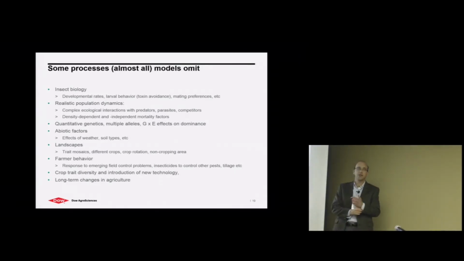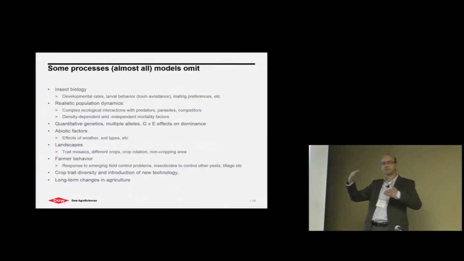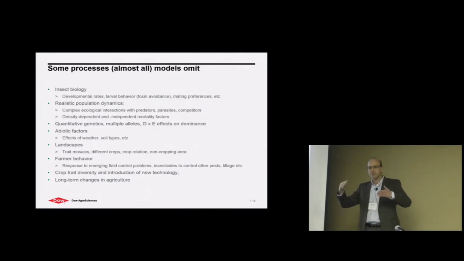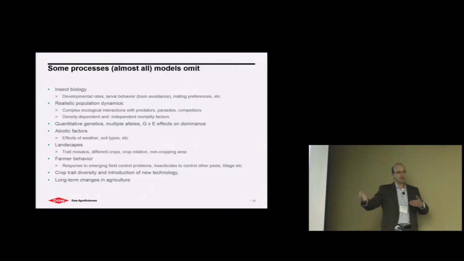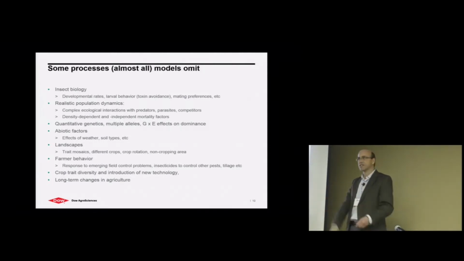So truly looking at the insect biology, development rates, larval behavior, toxin avoidance of larvae as well as adults, mating preference and so forth. Realistic population dynamics, I haven't seen a really good predator-prey or a parasitoid-host model with genetics of resistance thrown in.